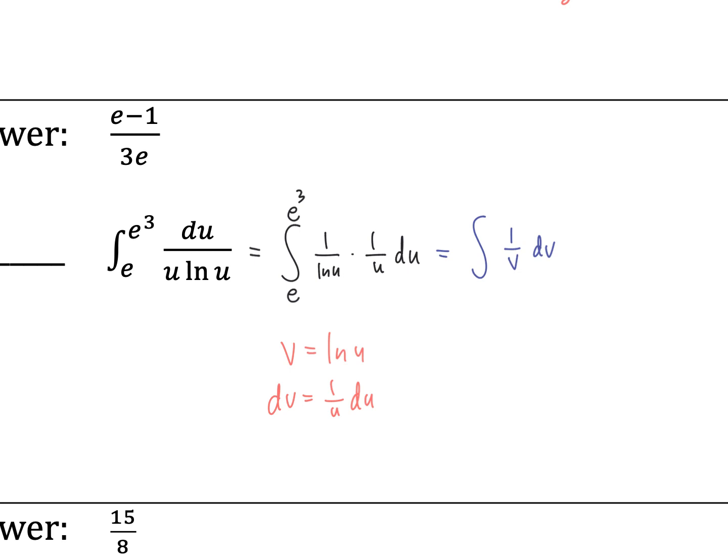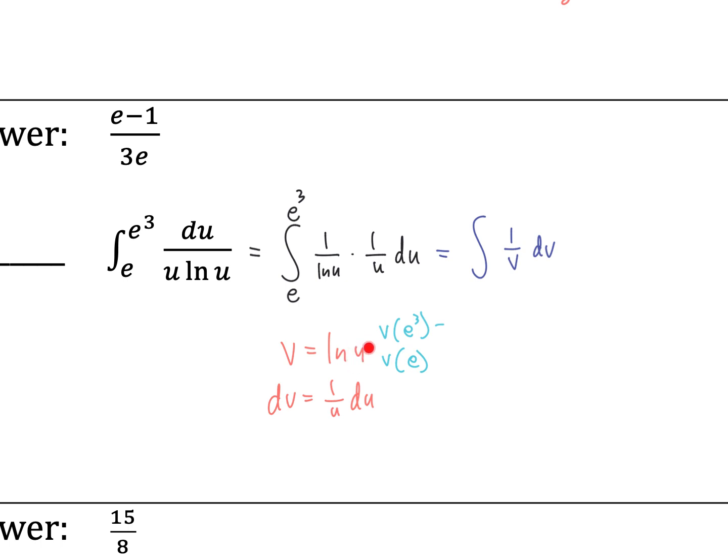Okay, now we'll rewrite our limits. So we'll take v of the top, v of the bottom. Remember, these here are u values because this is in terms of u.